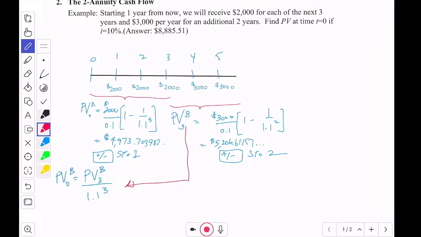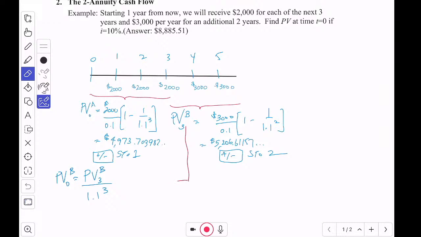And what do I get? Let me leave some room for my answer. So that's in storage 2. So what I want to do is for 3 periods now, I want to discount at 10% the recall 2 amount as the future value with no payments to find the present value.